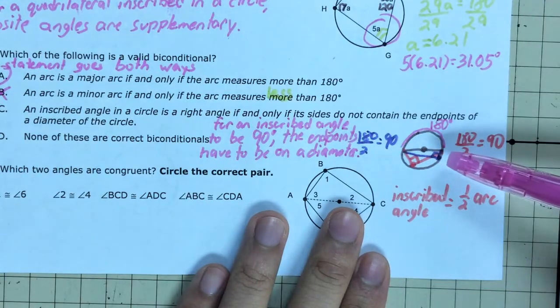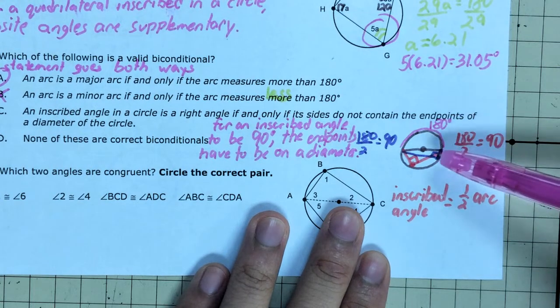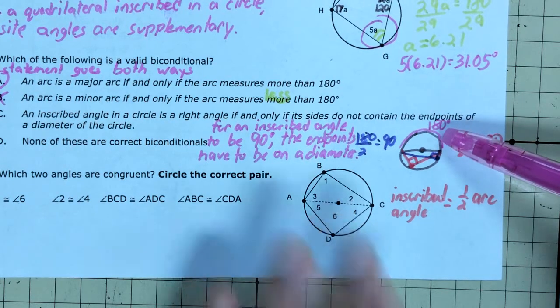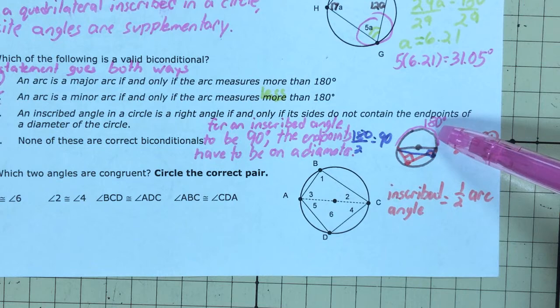For the reason shown here. Because your inscribed angle is half your arc. So if your angle is 90, your arc has to be 180. And we mentioned before that a 180 degree arc, a semicircle, your diameter always cuts a circle in half.